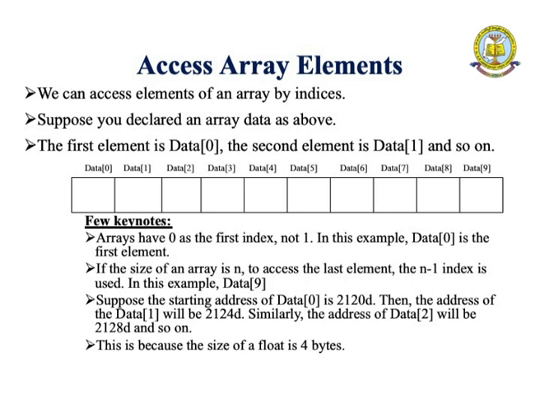Then the address of data element 2 is 2128D, and so on, because the size of the integer is 4 bytes, as we have discussed. Integer occupies 4 bytes, no? The address of the first element, let us assume 2120, then the address of the next element is 2124, and the next is 2128, and so on.